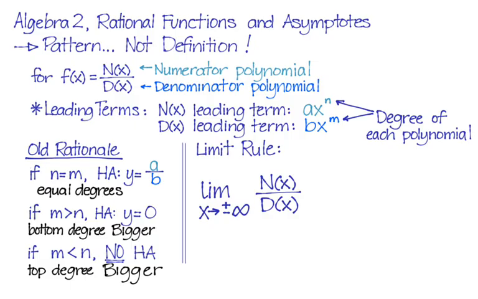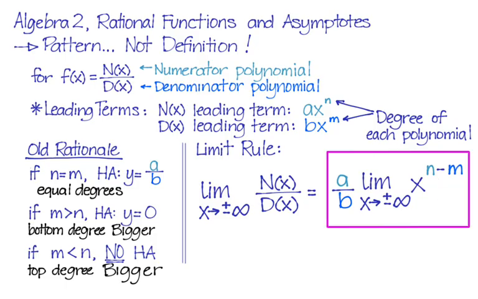Well, we can factor out from this rational function the ratio a divided by b. And then all we're left with is x to the n divided by x to the m, which we can write in this fashion. And this becomes the way we can look at the limit definition of an asymptote of a rational function. And so you'll need to use this formula.